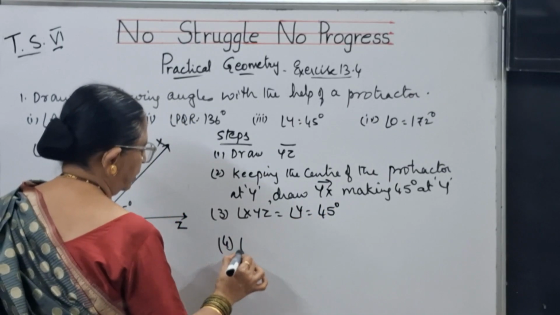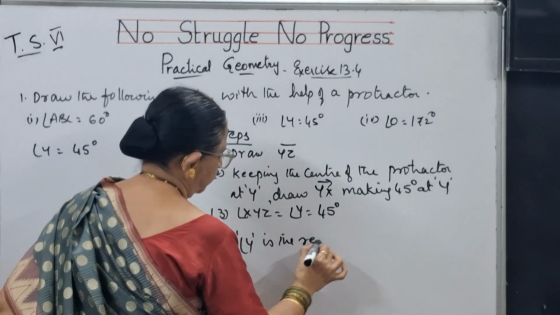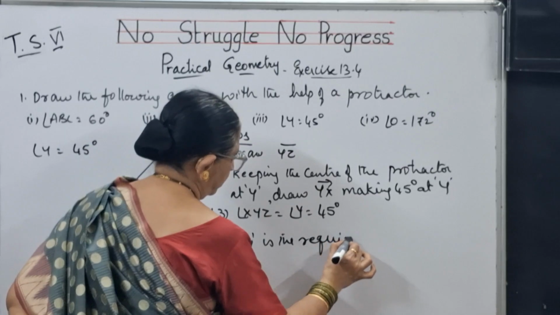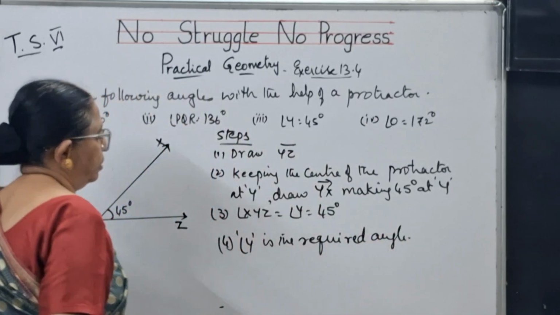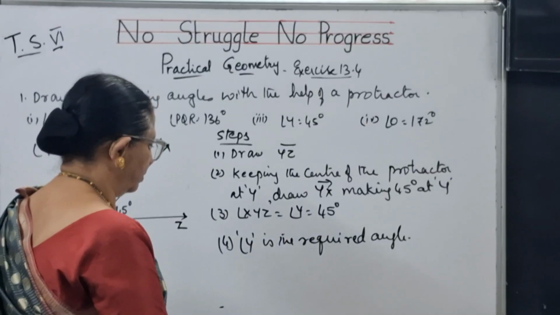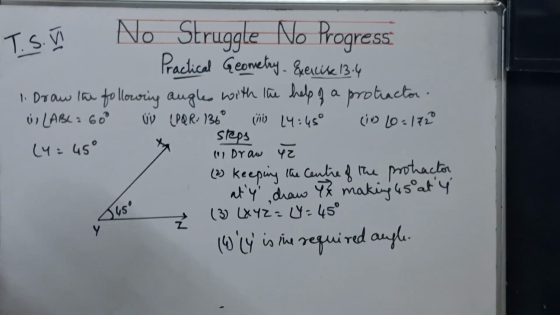So we'll say that angle Y is the required angle. These are the steps for this construction, children. Note it down.